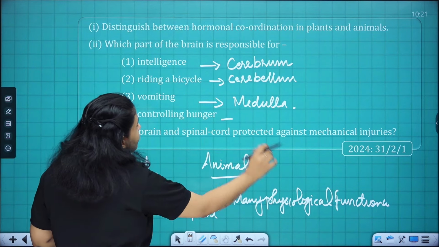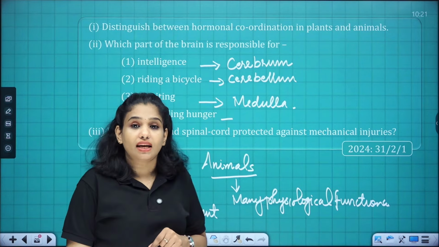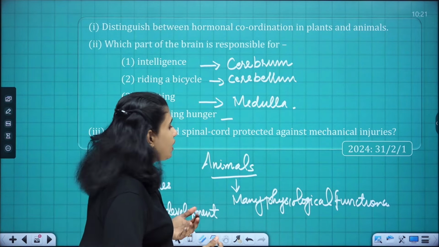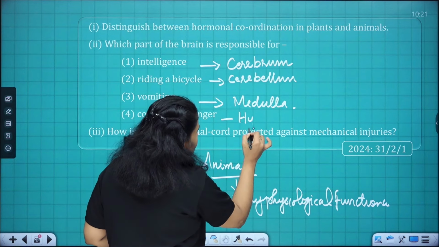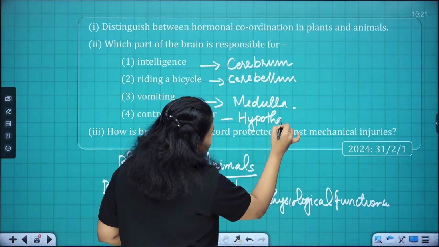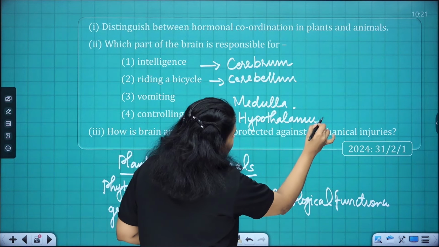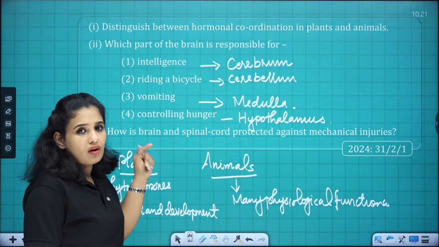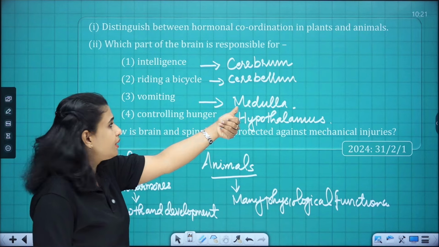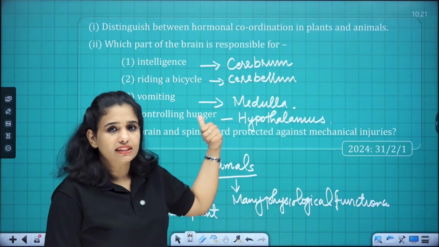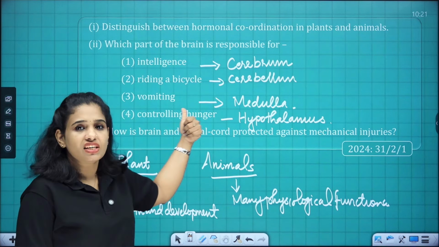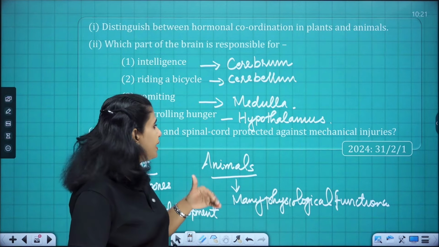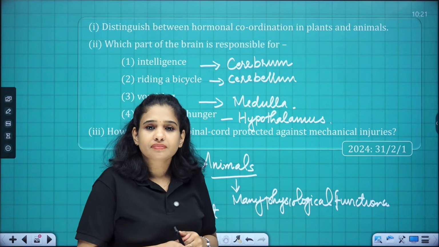Controlling hunger is by the hypothalamus. The urge of hunger, thirst and so on are controlled by the hypothalamus. So, intelligence by cerebrum, riding a bicycle by cerebellum, vomiting by medulla, and controlling hunger by hypothalamus. Next question.